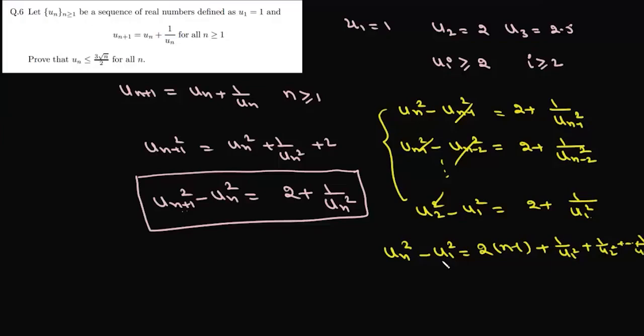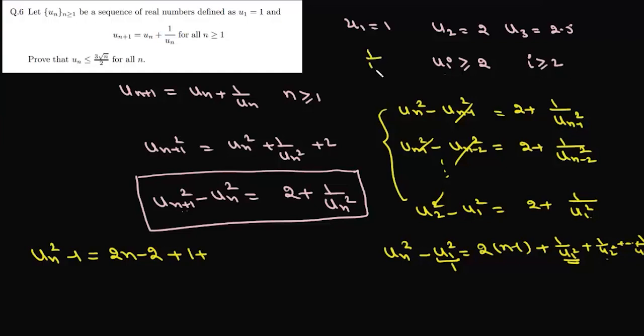Now U1 is 1, so we can write Un square minus 1, and here will be 2n minus 2 plus, now this U1 square again will be 1, and this U2 square, U3 square and Un minus 1 square. We know that any Ui is greater than or equal to 2 when i is greater than or equal to 2.